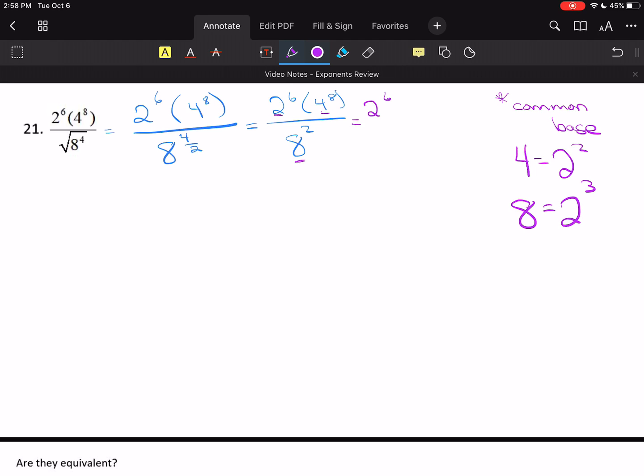So replacing 4 and 8 with 2 squared and 2 to the 3rd, I would get, instead of 4, 2 squared, but there's already that 8 there. And then instead of 8, I would have 2 to the 3rd, but there's already that 2 there. So 2 to the 6th times 2 to the 16th all over 2 to the 6th.